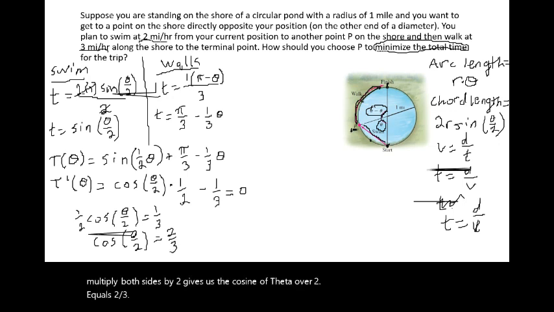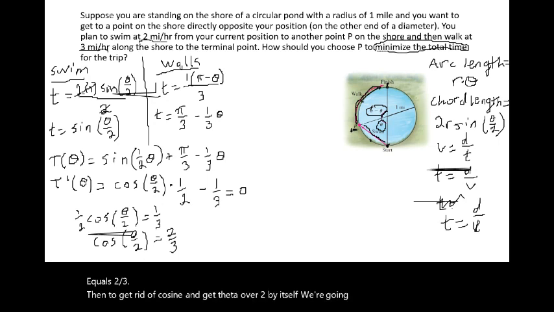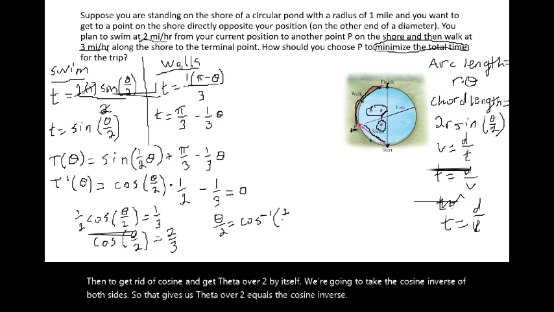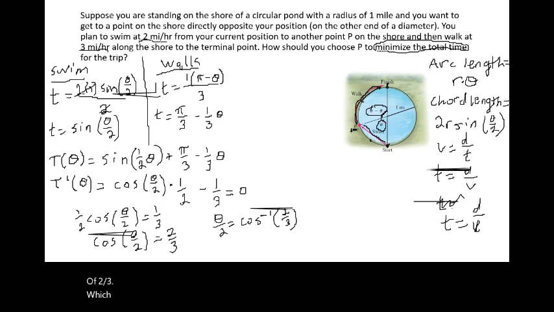Then, to get rid of cosine and get theta over 2 by itself, we are going to take the cosine inverse of both sides. So that gives us theta over 2 equals the cosine inverse of 2/3, which we will figure out later on a calculator.